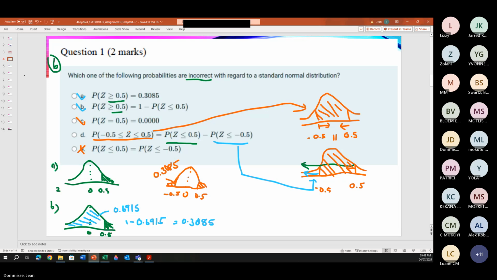So first, let's look at the first one. Z is between 2 points. The points are saying that Z must be bigger than minus 0.5 and smaller than 0.5. So we're looking at that orange component for this.